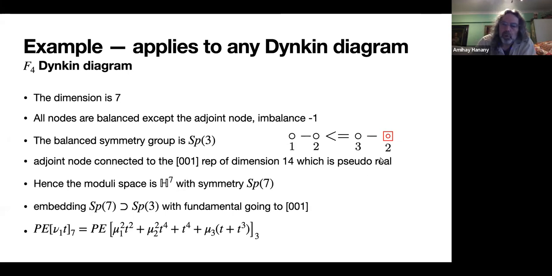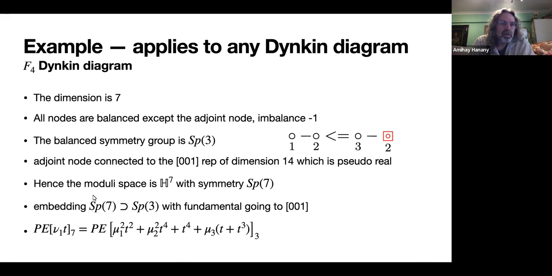A very important point is that this representation, the third rank antisymmetric of Sp3, is pseudo-real, which is also the property of the fundamental representation of Sp7. And that's a necessary condition for having such an embedding. So this is the embedding.